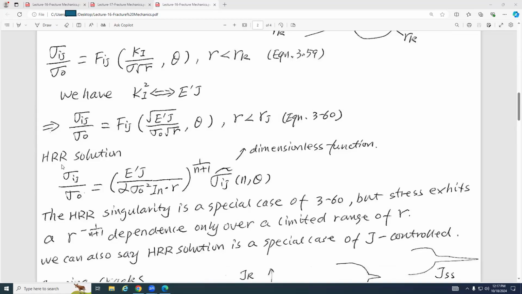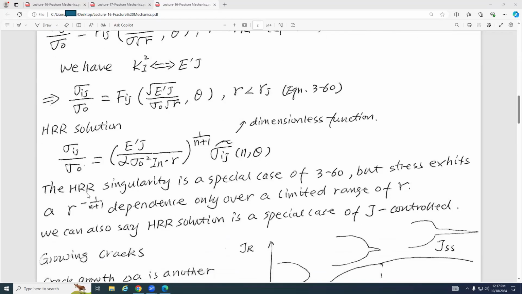Now, we have the HRR solution, which we talked about already. Here sigma ij tilde is a dimensionless function of n, the material hardening exponent, and theta, the orientation. The HRR singularity is a special case of equation 3-60. Can you write down, guys? Equation 3-60.